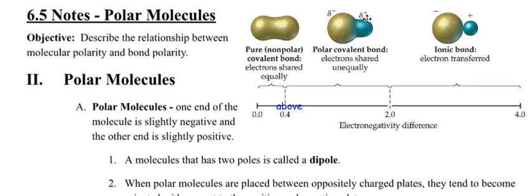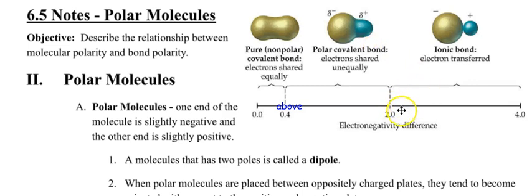Well, the one that loves electrons the most, the one with the highest electronegativity value, is going to be the partial negative. So the other one is going to be your partial positive. And if you don't read this, you should jot this down, okay? The one that loves electrons the most will be partial negative, the one that has a higher electronegativity.